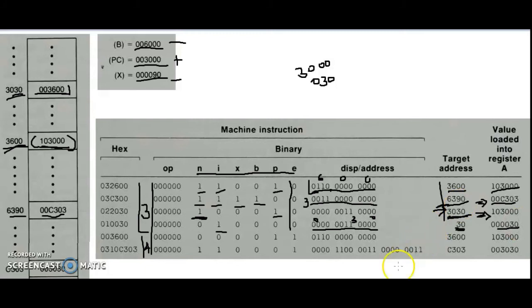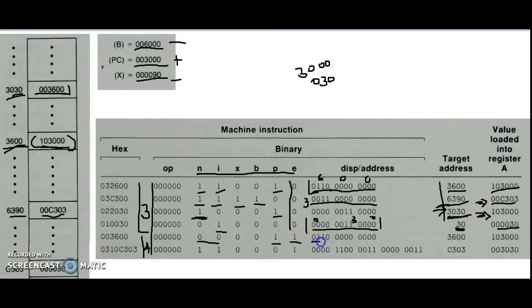Since it is a format 3 instruction and it is using immediate addressing mode, the operand will be having the actual value. It's not an address, it's a value. Then in case of simple addressing mode and format 4 instruction, it is given as P is equal to 1, which means PC relative addressing mode.